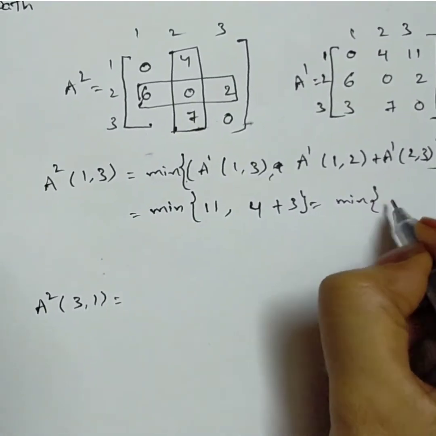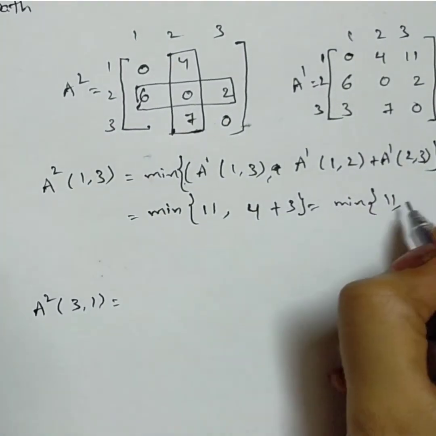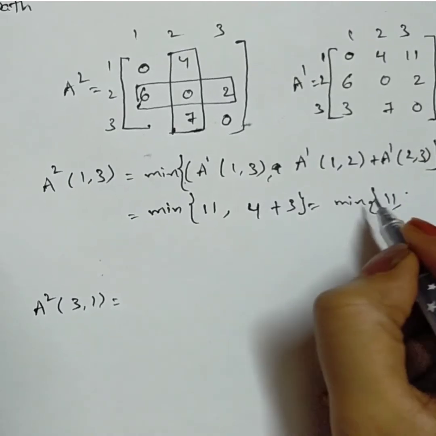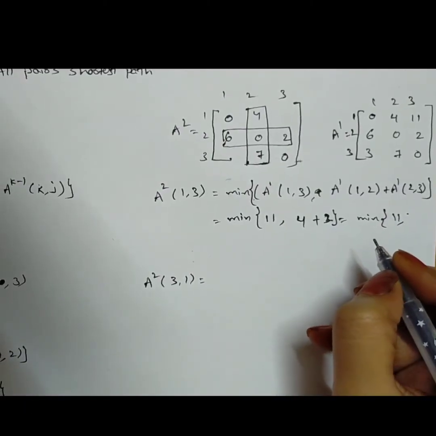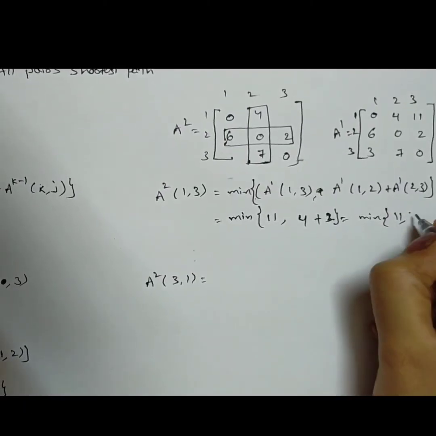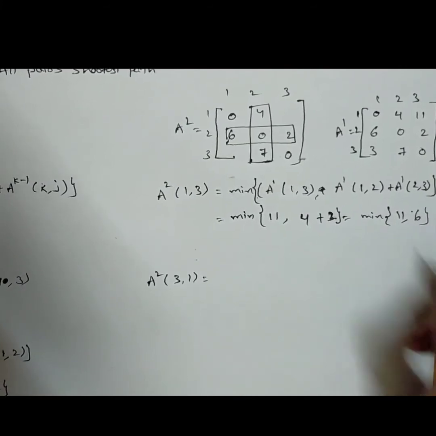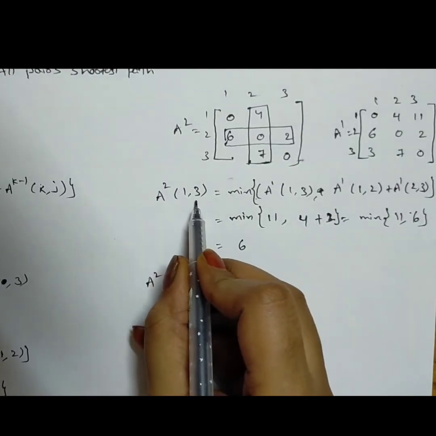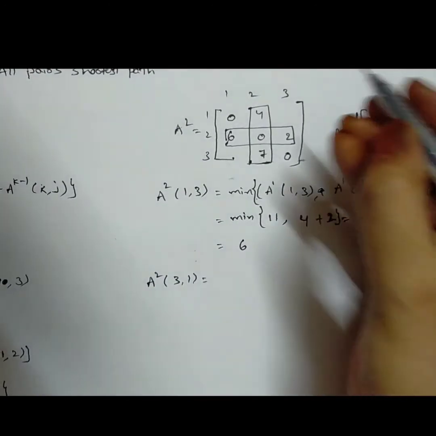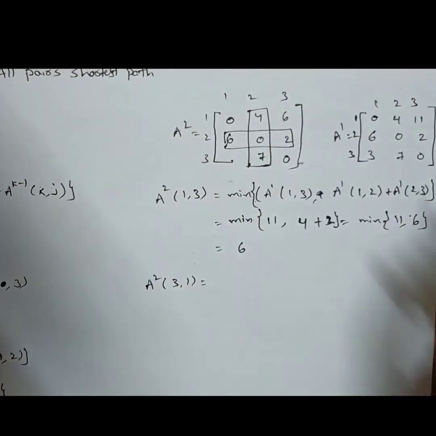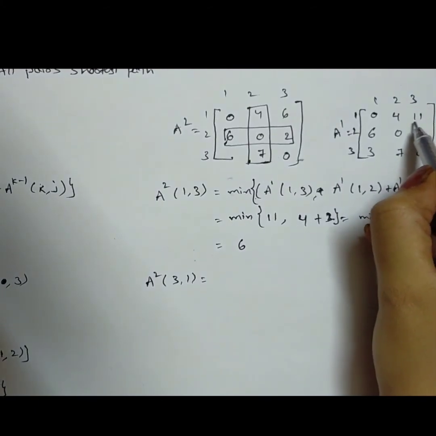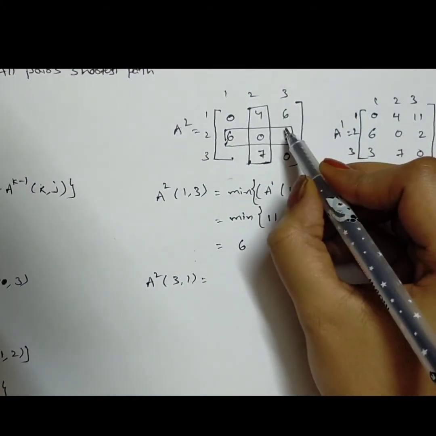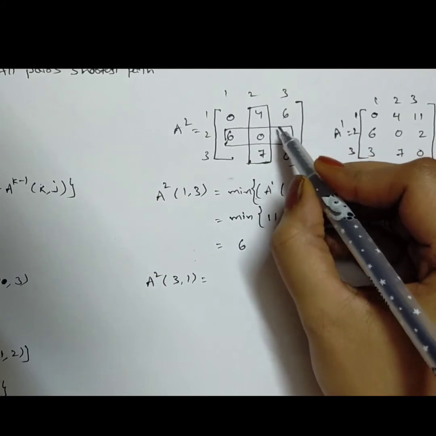Minimum of 11, 4 plus 2, minimum of 11, 6. In these two values, the minimum value is 6. So the value of a2 of (1, 3) will be replaced as 6. Here the (1, 3) value is 11, but 6 is the smaller value, so we are replacing the value with 6.